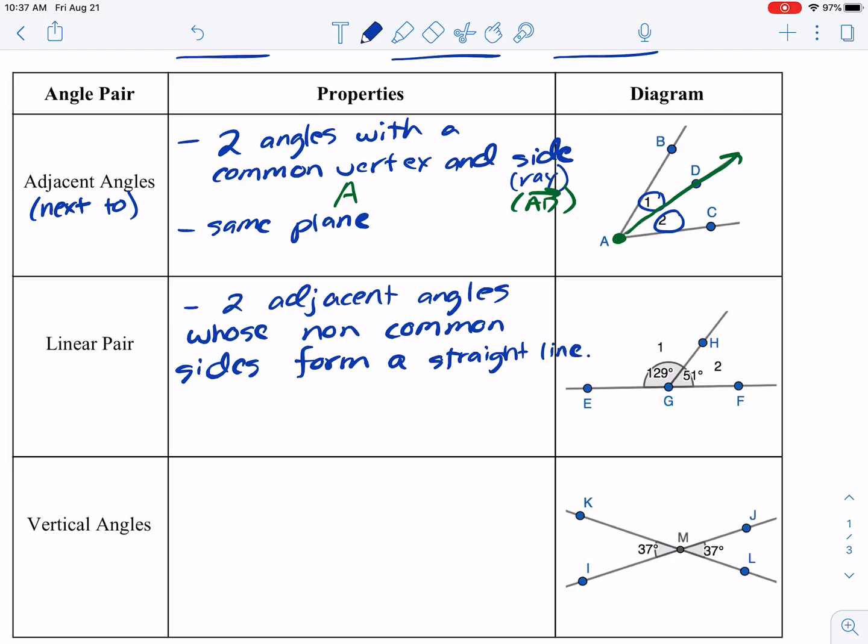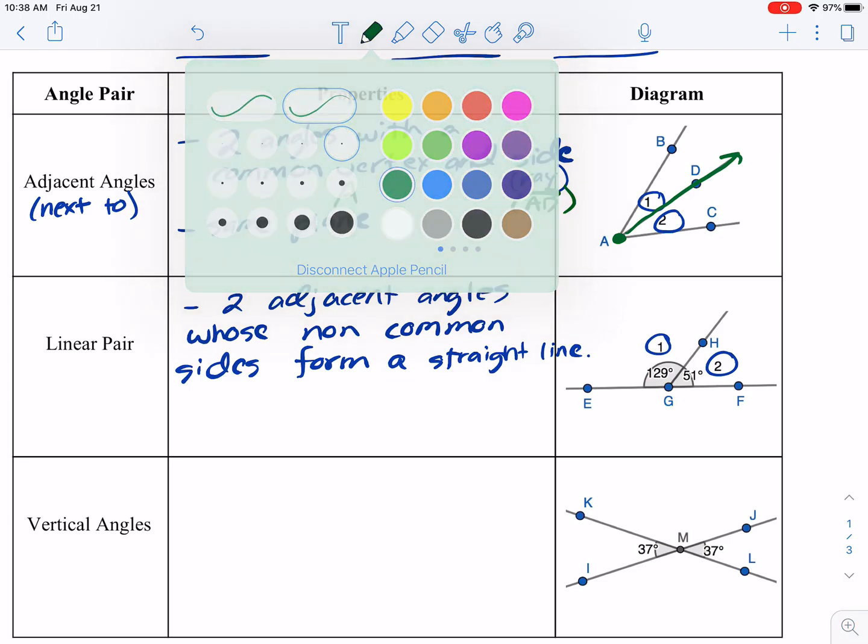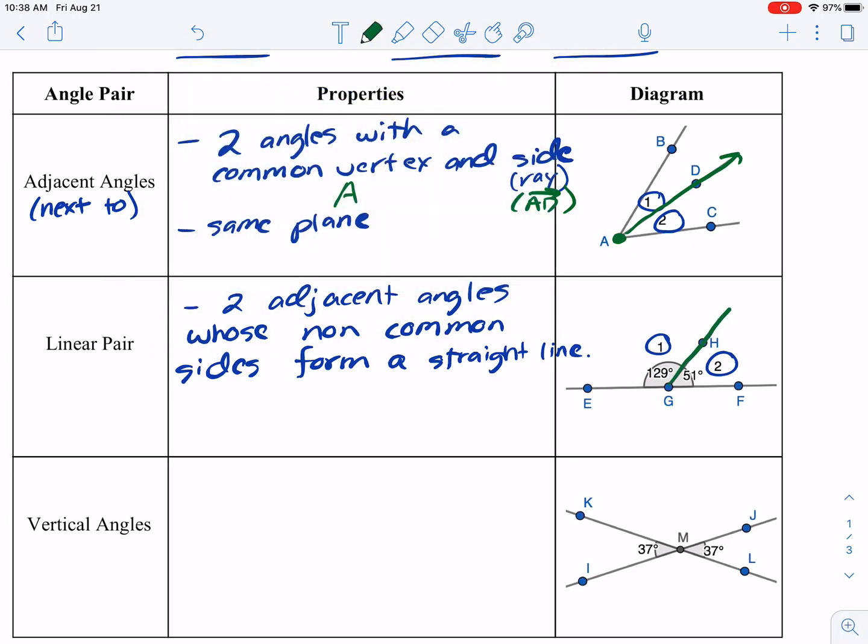So again, you can see angle 1 and angle 2, they're adjacent because they share side GH. They share the common vertex G, and then they form a straight line, which is why they're called a linear pair.